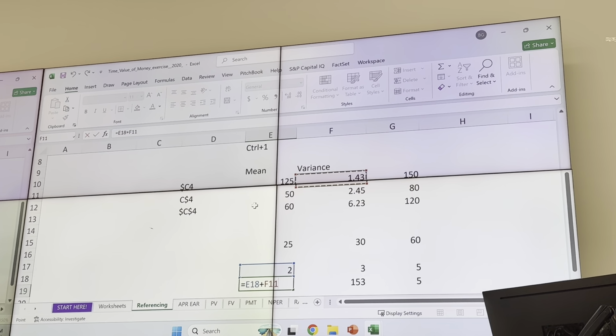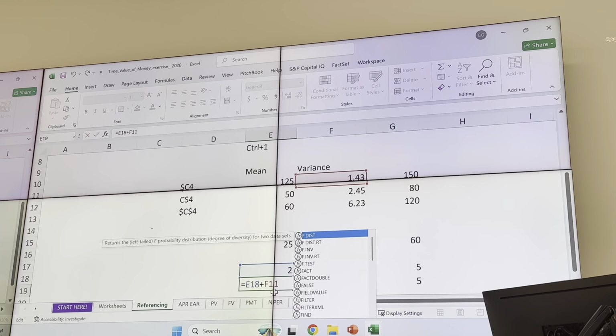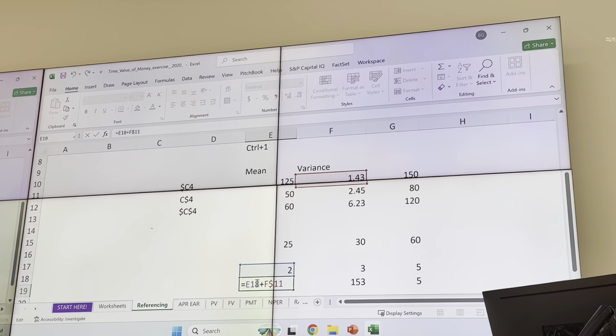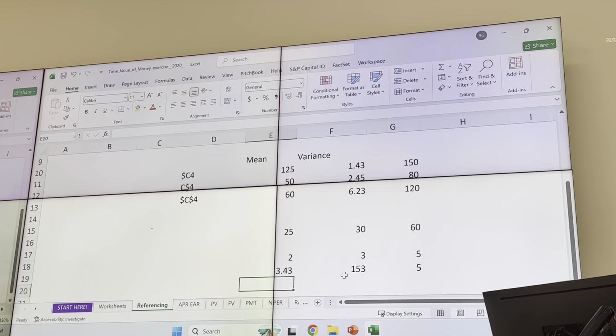When I add F11, make sure that there is a $ sign before, not 11, but before F. Because if I put 11, then it will fix the F11 here, and it will add 1.43 to all of the values. I don't want that. I want to add each of the values to each of this. So I will fix the column and I will move.